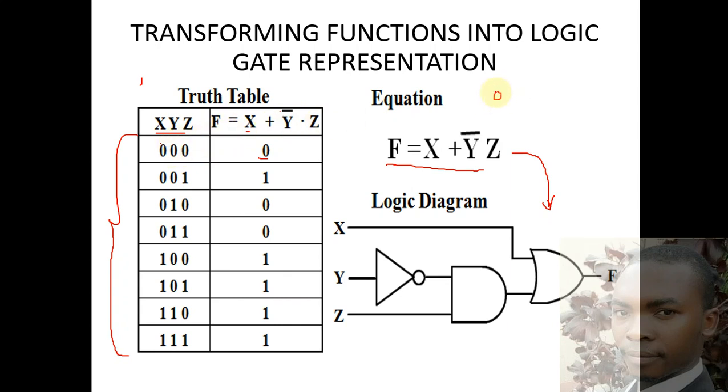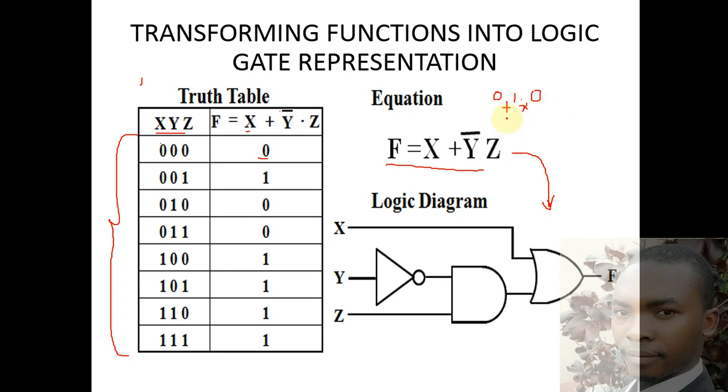So you have 0 and then not 1, which is a 1, and then a not 1 times a z, which is a 0. So here in between we have a plus, and here we have a times.